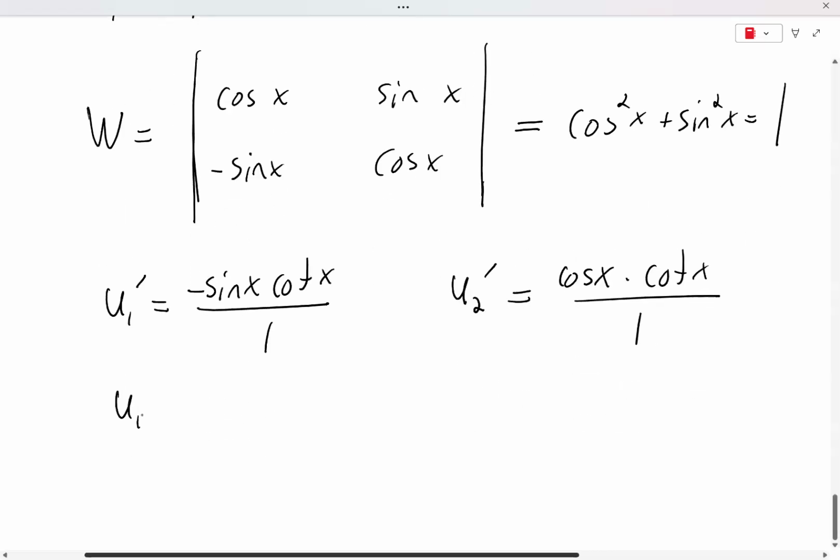So u1 prime, here this is cosine over sine, so this one would just be negative cosine x.